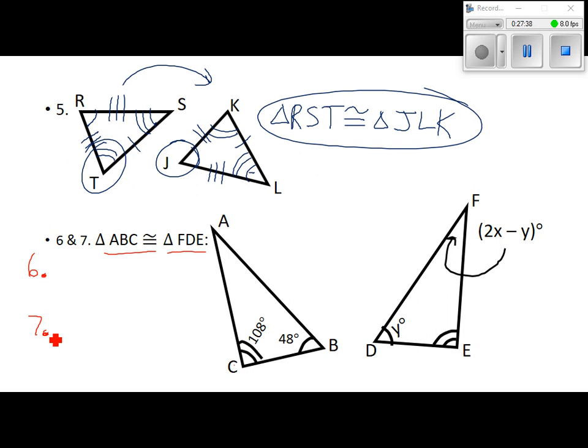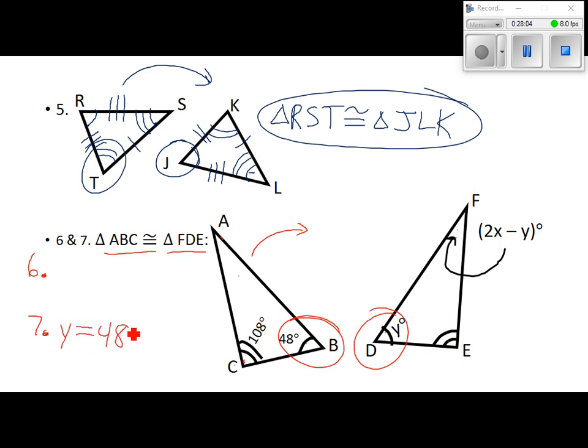If I take this triangle and flip it over so that it matches up to the other one, notice that C here is going to match up to E, B is going to match up to D, and A is going to match up to F. Well, if B matches up to D, those two angles have to be congruent to each other. So Y for number 7 has to equal 48.